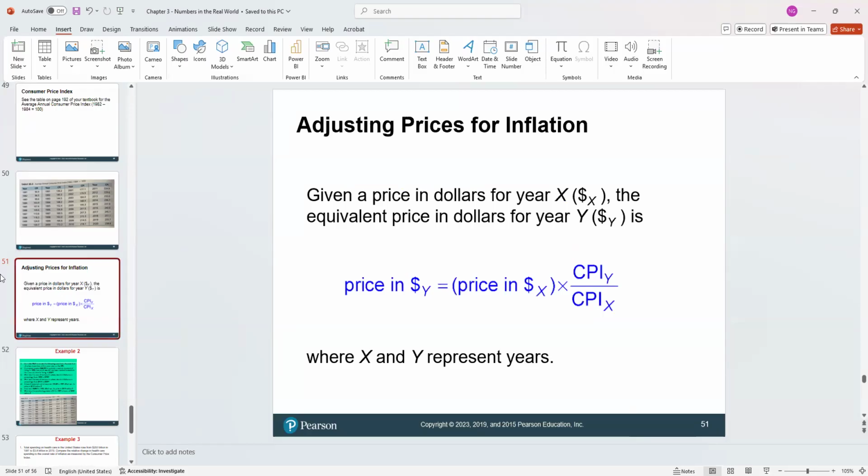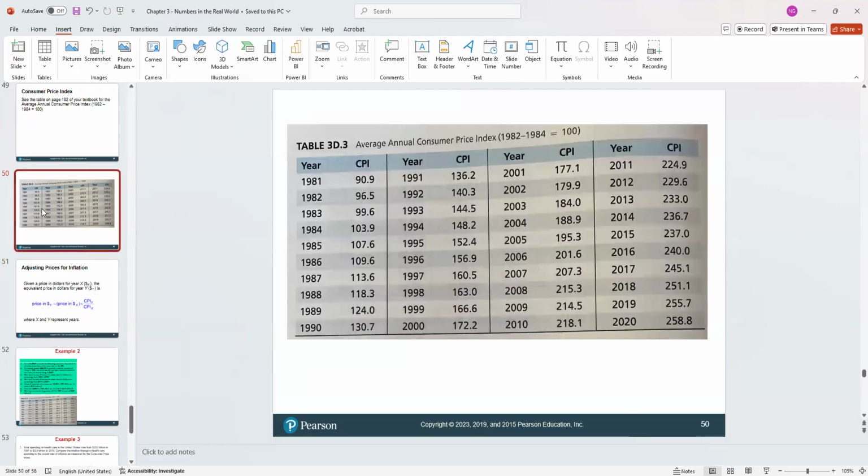For example, in that table right there, the CPI data tell us that from 1985 to 2015, typical prices rose by a factor. For 1985, you can see the CPI for it.